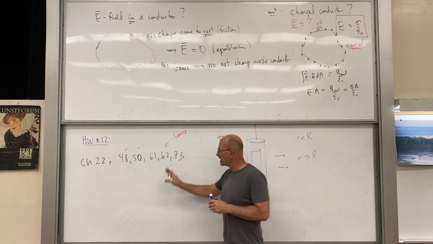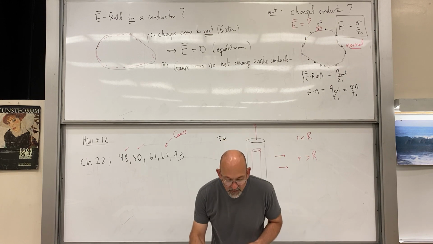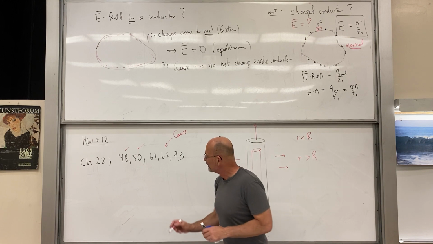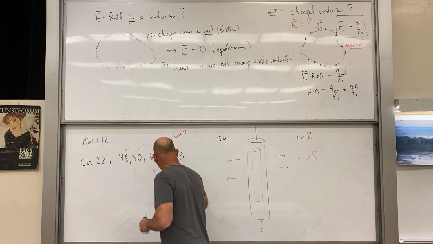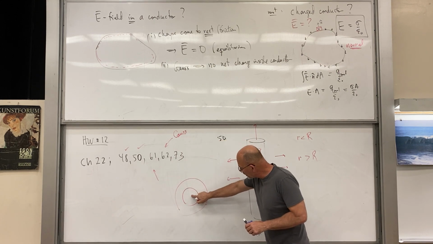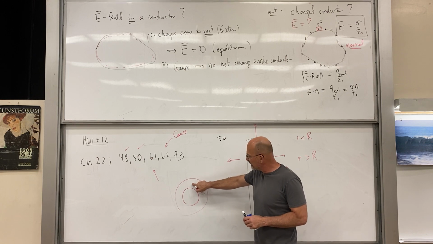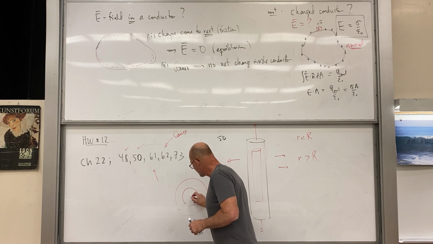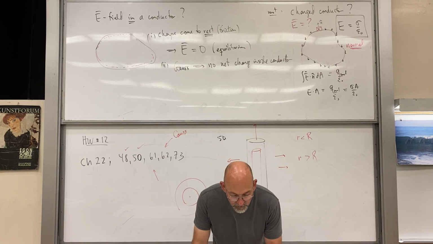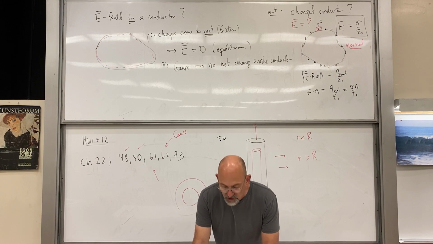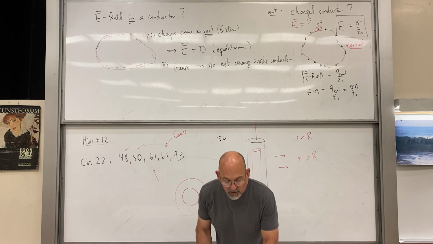Actually not difficult, but interesting. 61, conducting spherical shell. Yeah, so 61 is also pretty standard. So you've got a conducting spherical shell, so you've got hollow, and then you've got conducting material here. So inner radius, outer radius. And you're going to put some charge right at the middle. What do they want? Positive charge. Point charge, yeah, plus Q.